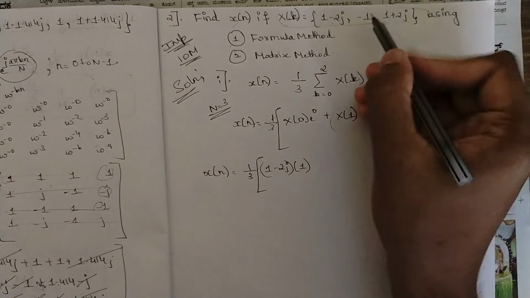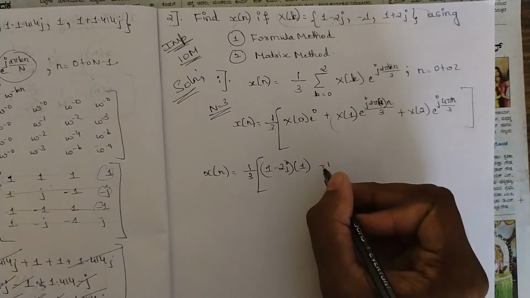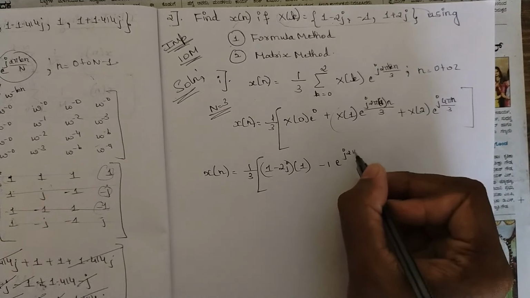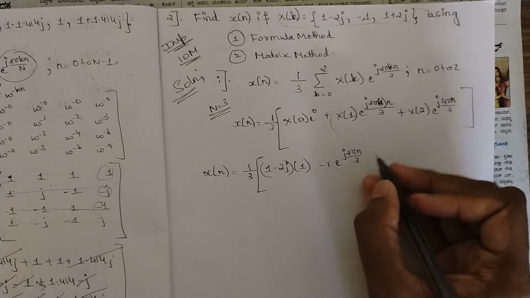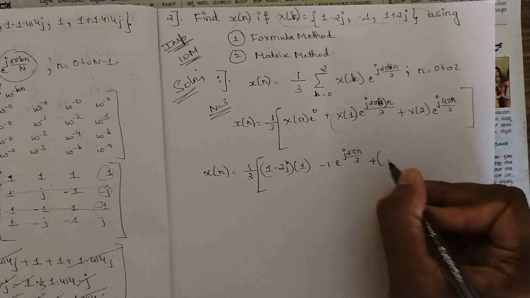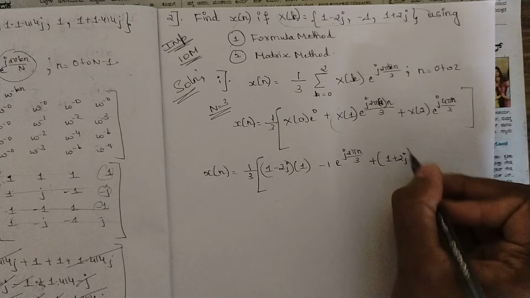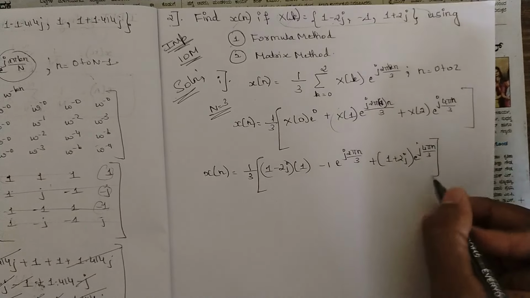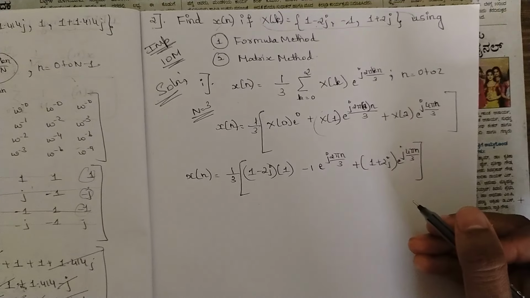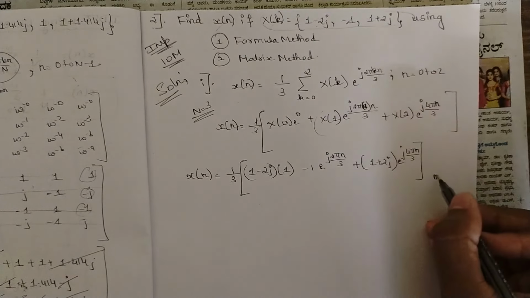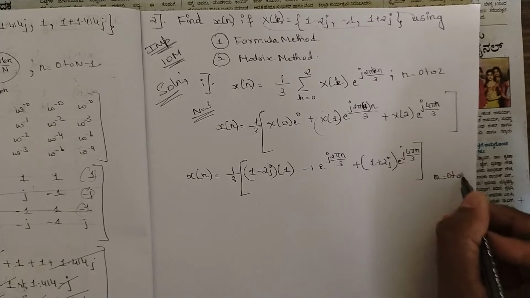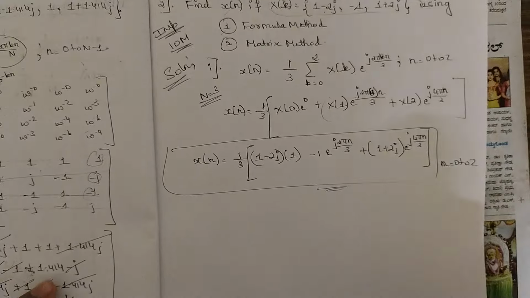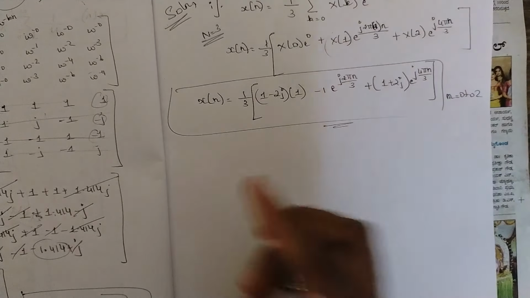Then we have x of 1, that is minus 1 into e power j 2 pi n by 3, plus x of 2 is 1 plus 2j into e power j 4 pi n by 3, where n is equal to 0 to 2. Okay, so like this we have expanded this. So now let's simplify this by substituting the values of n.